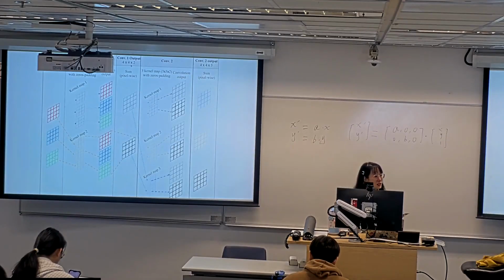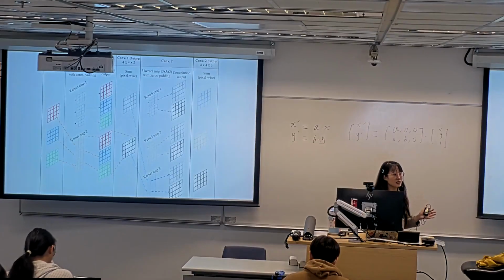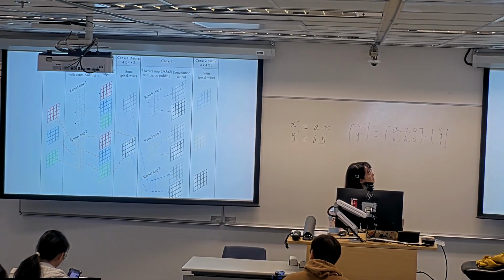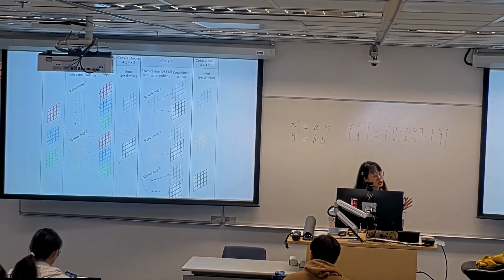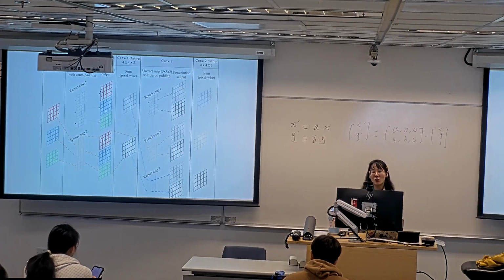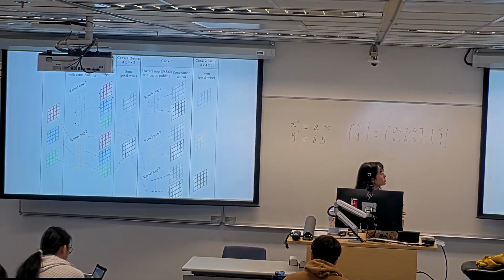The depth after each convolution layer is the number of kernel maps you have applied in this layer. Like in this layer, we apply 2 kernel maps. Then that means the output of this convolution layer should have the depth 2. Each kernel will produce 1 channel output. So this is the rule of getting the output shape in a convolution layer.